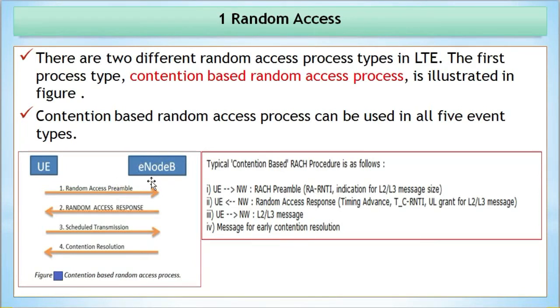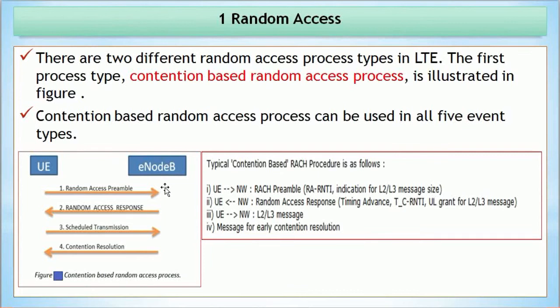In reply the eNode B gives the random access response message. Here you can see when the UE sends the RACH preamble to the eNode B, it has the RA-RNTI, an indication for layer 2 or layer 3 message sizes.